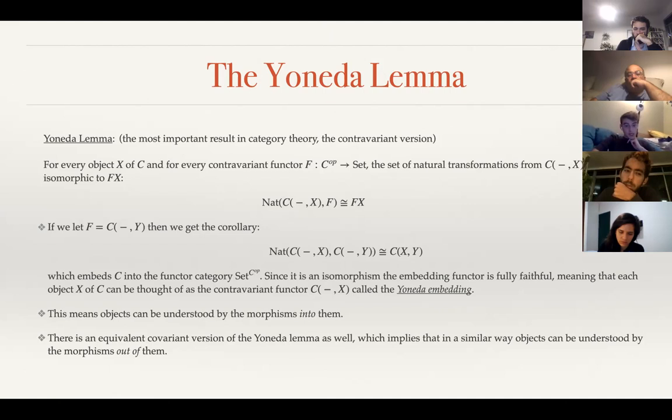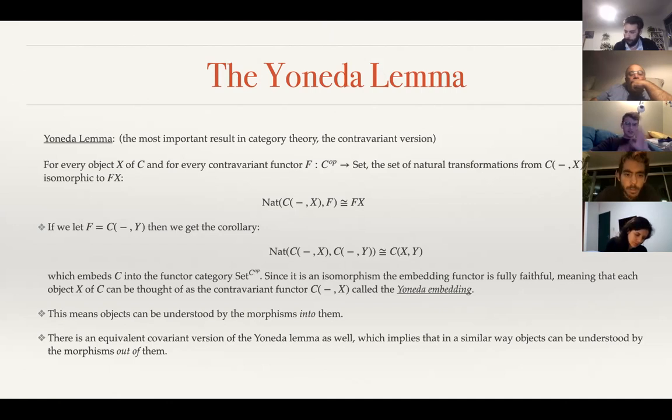So what this is saying is that imagine I have two objects and I want to understand how they relate. It's enough to look at how one object relates to everything outside, how the other object relates to everything outside, and look at natural transformations between these two things. This is incredibly powerful because it gives a connection between objects and relations. An object can be fully determined by its relations, and we'll get to why that is in a second.